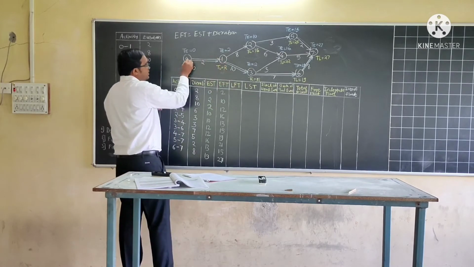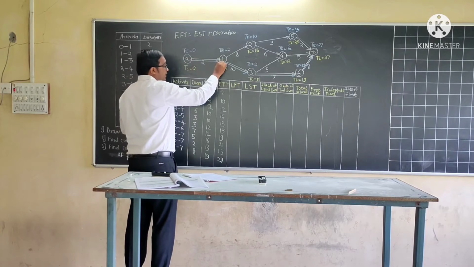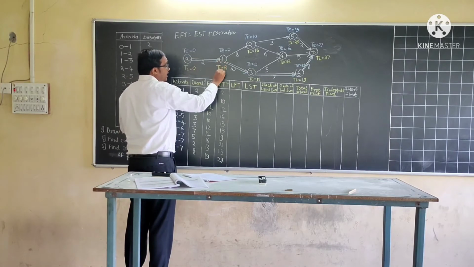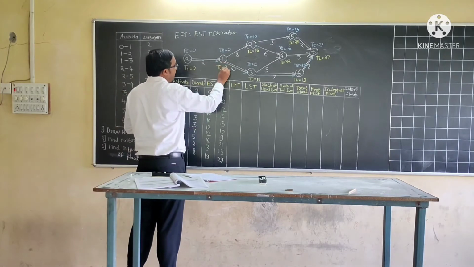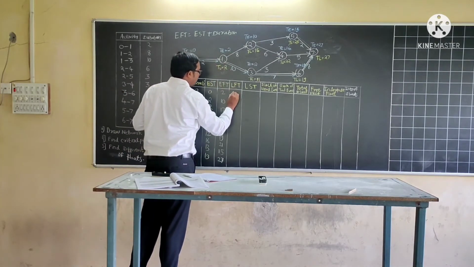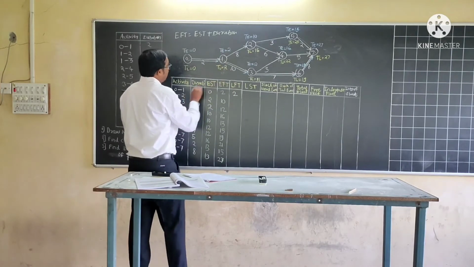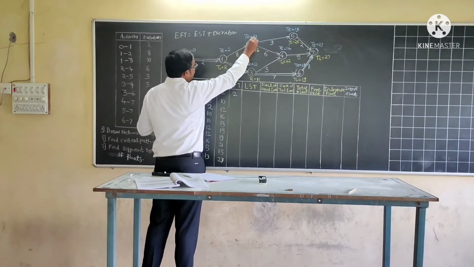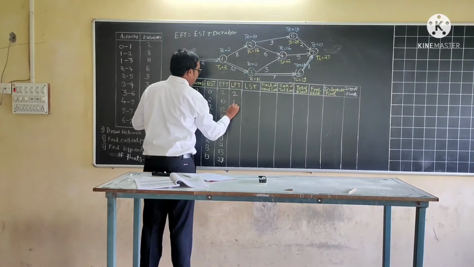For example, 0 to 1: 0 is the starting activity, 1 is the ending activity, so we consider the TL value of the ending activity, which is 2. Now 1 to 2: the ending activity is 2 and we consider TL value 16.